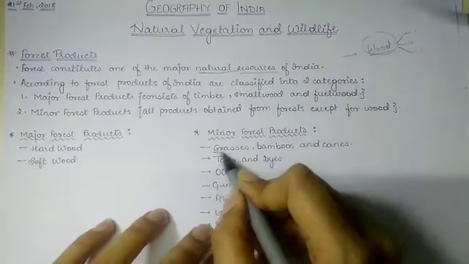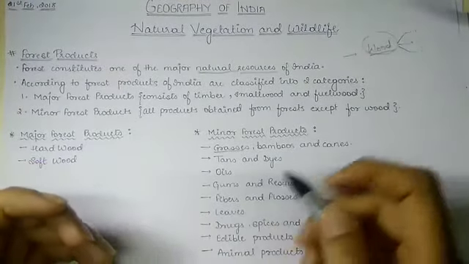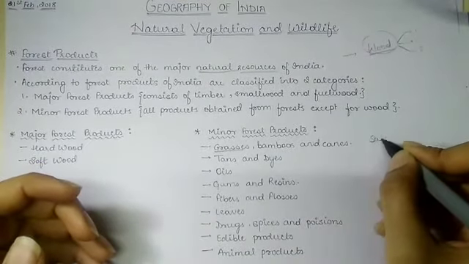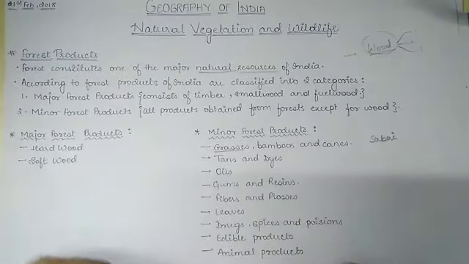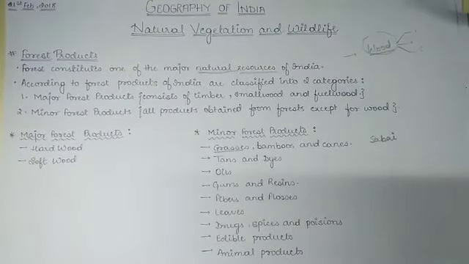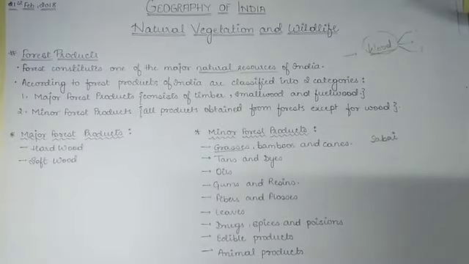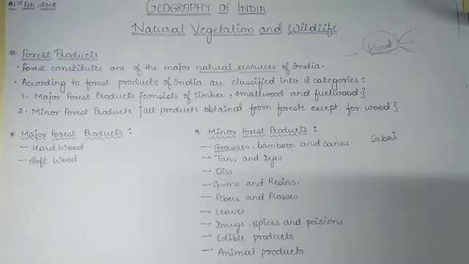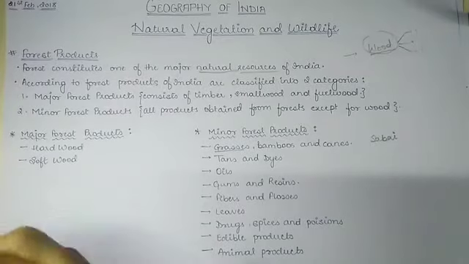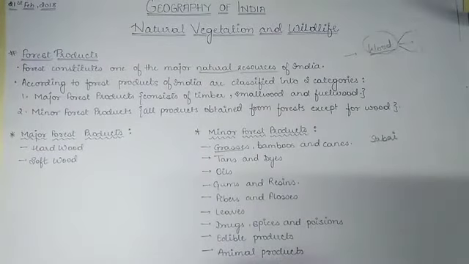So we have some important grasses like Sabai grass. Sabai grass is an important grass, and it is provided as a basic raw material for the paper industry. This type of grass grows in sub-Himalayan tracts, Bihar, Odisha, West Bengal, Madhya Pradesh, etc. The other is khas grass.